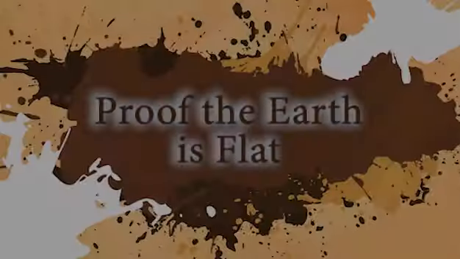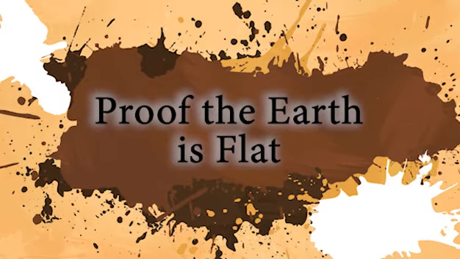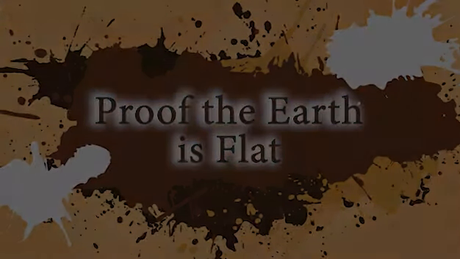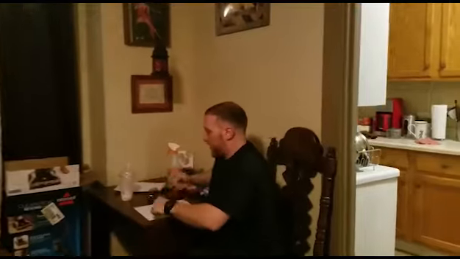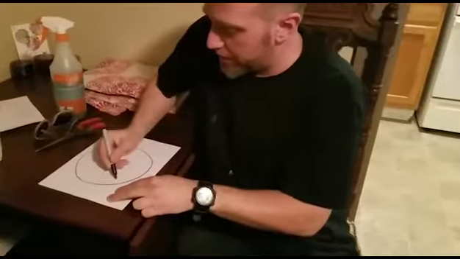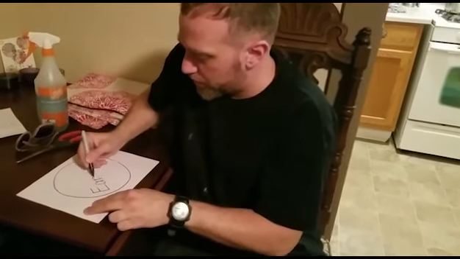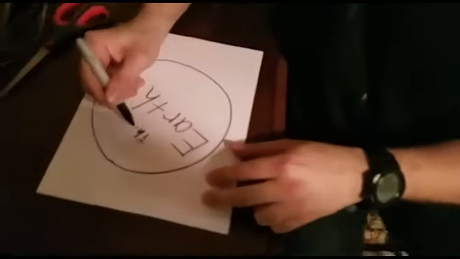Then I got really big into important scientific theories. Definite proof that the Earth is flat. Now this right here, this is not the real Earth, even though it's labeled the Earth.